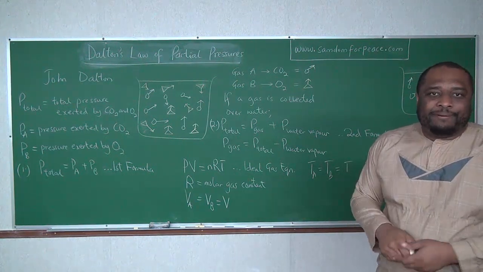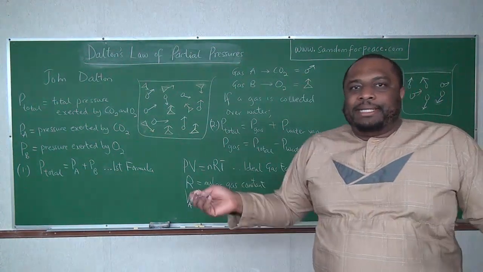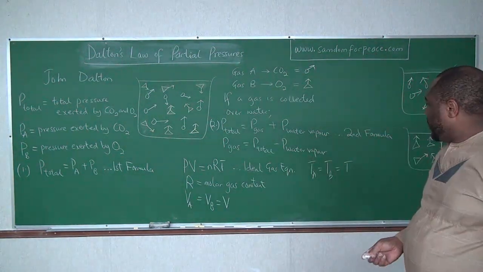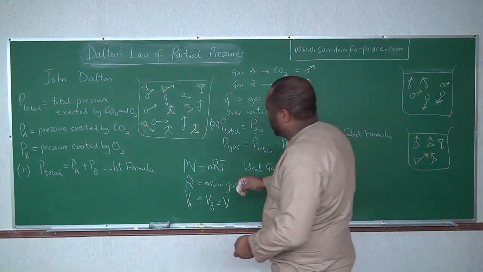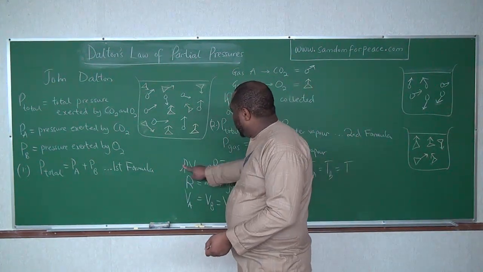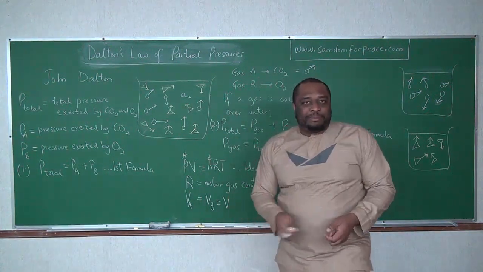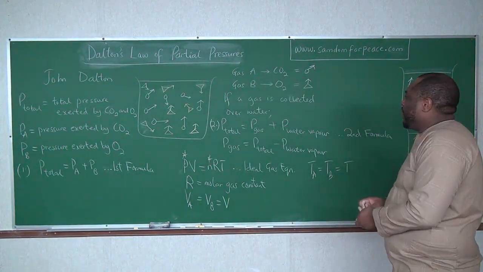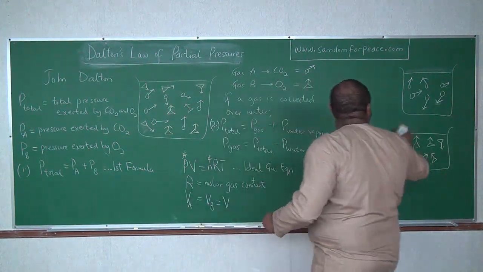So let's see how you can find that. Sometimes some questions will just give you the reacting masses. So the only thing that differs is the pressure and the number of moles of each gas. So what we are going to do now is, I'm going to erase this.